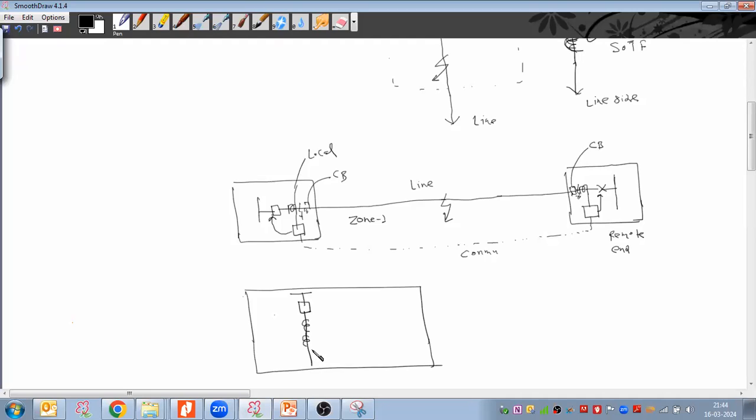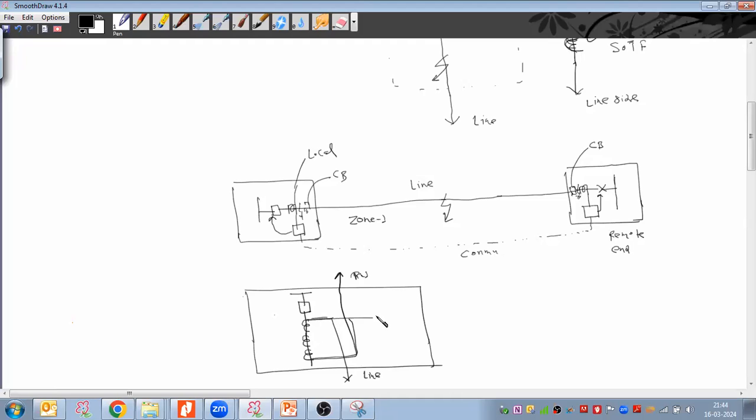We use the multi-core CT. So this core I am assigning for line protection, and the extreme last core I'm assigning for the bus bar protection. And they will look in these directions.